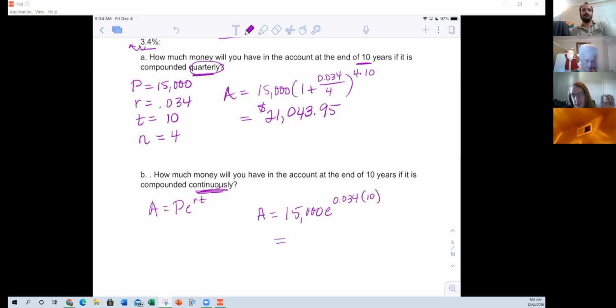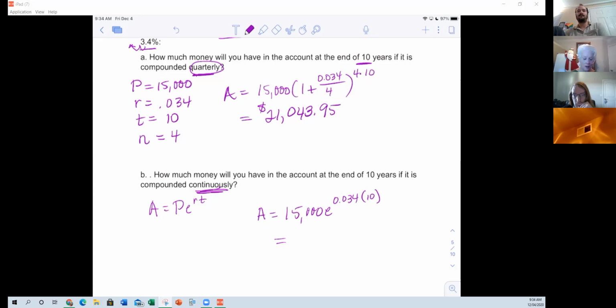And if you do that, hopefully they're doing like a mental check, right? Should they be getting more or less on this one? Does it make sense? So if we're compounding it continuously versus compounding it quarterly, it should be more.